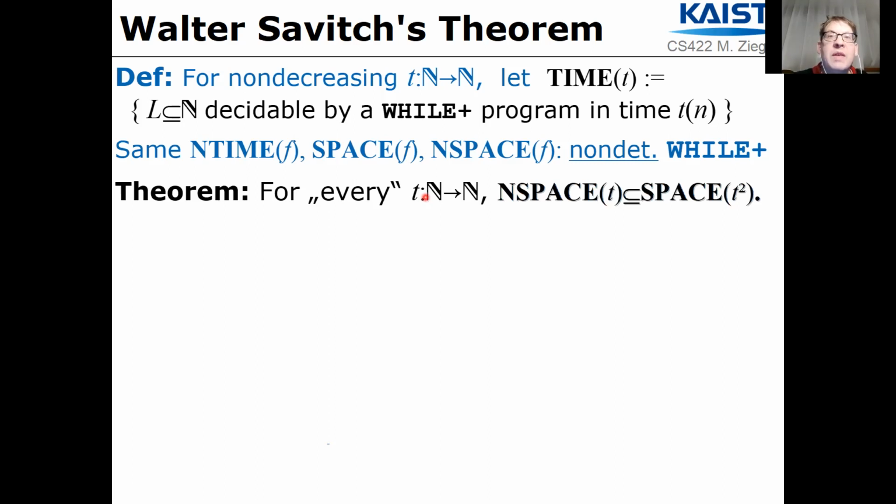Now it takes some advanced diagonalization to construct functions which require a lot of memory, more memory than the function itself has value. And so there's actually a technical condition underlying these quotes, namely the function must be what is called space constructible.